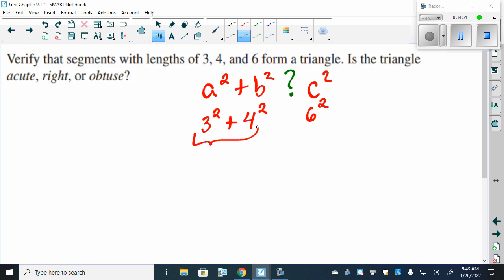So 3 squared plus 4 squared is 25, because 9 plus 16, and 6 squared is 36. And 36 is bigger than 25. So it's telling us that a squared plus b squared is less than c squared. Exactly, it is obtuse. So it's an obtuse triangle.